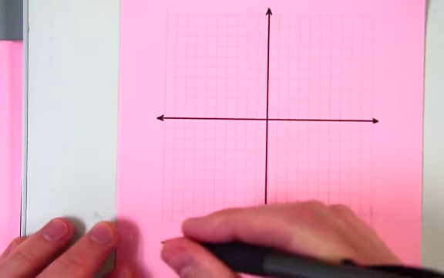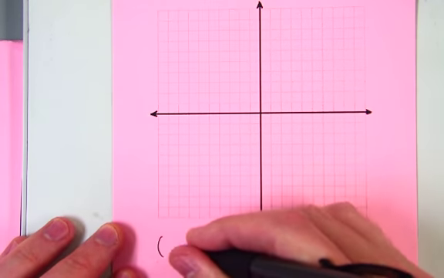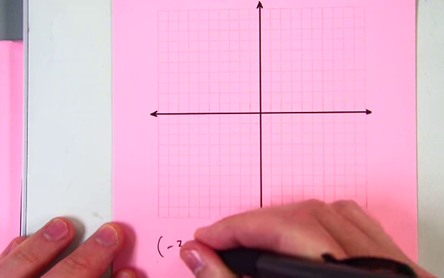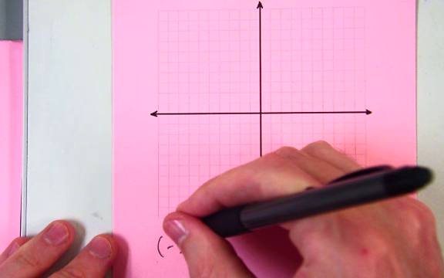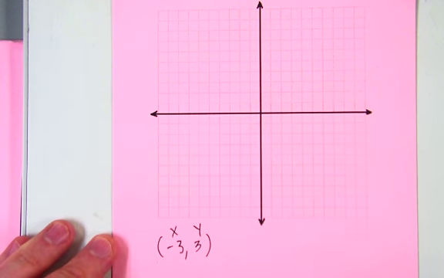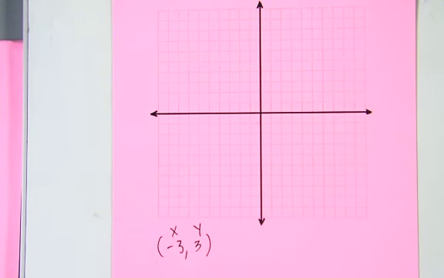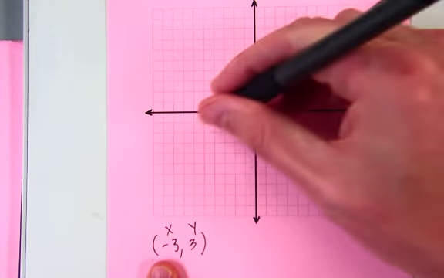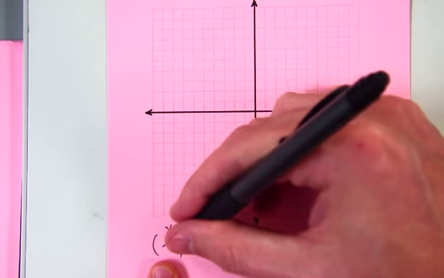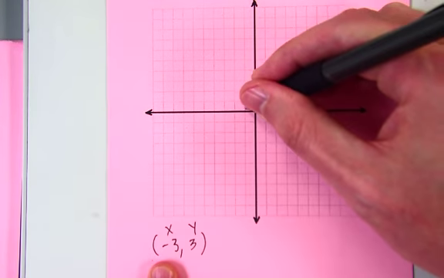Okay, let's do a few more. Let's graph (-3, 3). Remember, this is the x and this is the y that goes with it, and that's always the order when we set up these ordered pairs. My x is -3. That tells us how far to go left or right. In this case it's negative, so we go left 3 units.